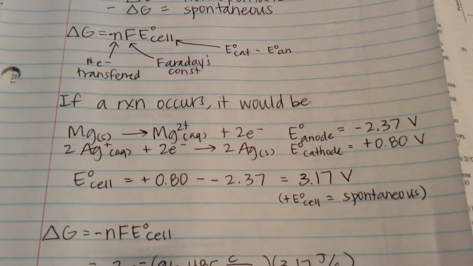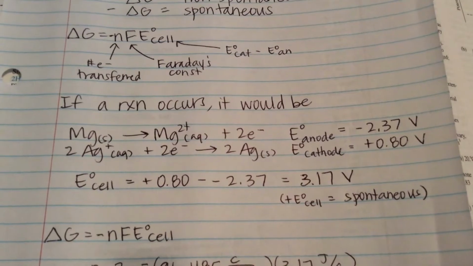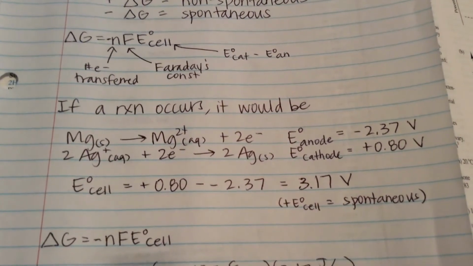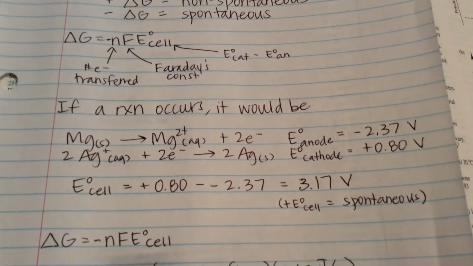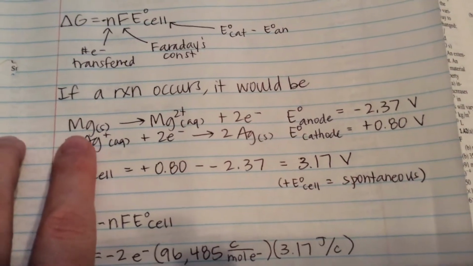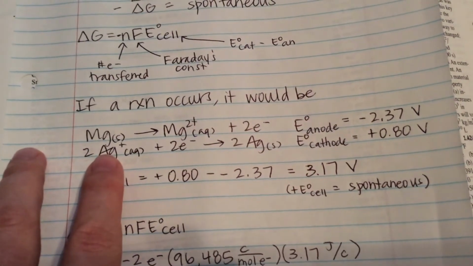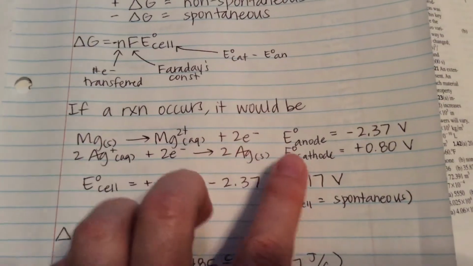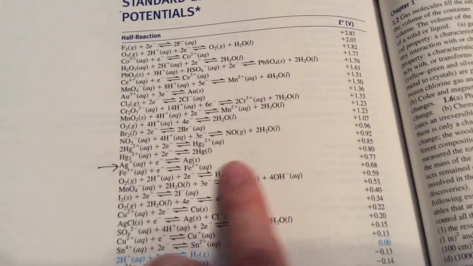So how did I know which one was the cathode and which one was the anode? Remember, red cat. Whatever reduction occurs, that is occurring at the cathode. So this is the reduction right here, so that must be occurring at the cathode. And again, that 0.8 just comes from my standard reduction potential.